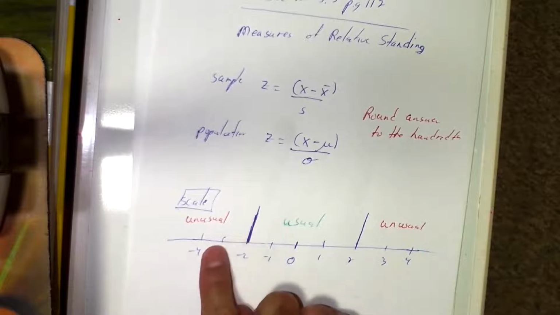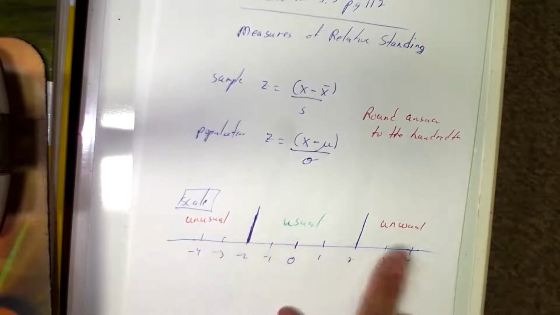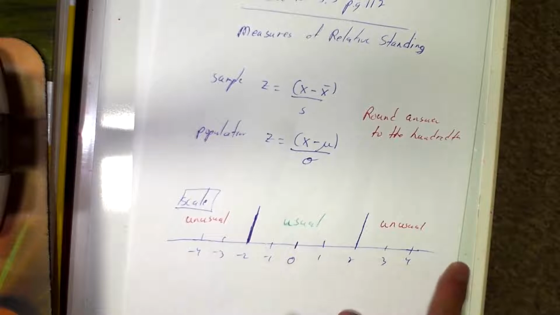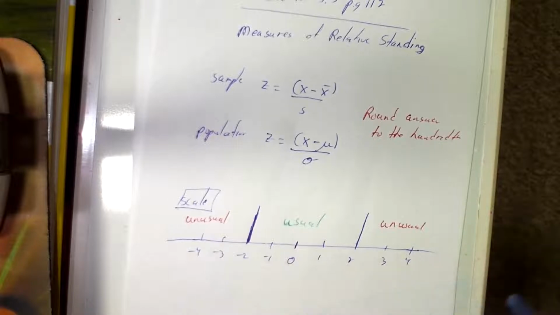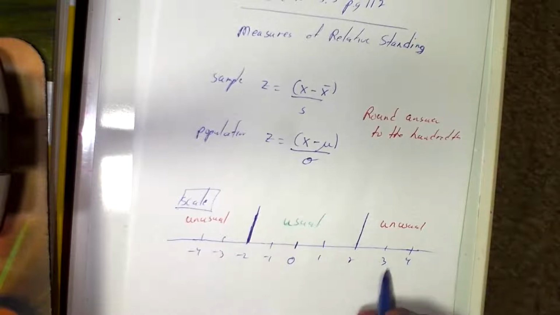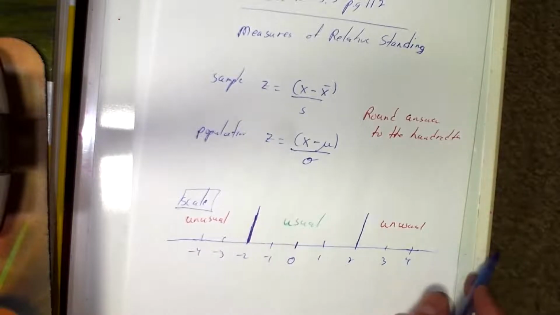Would he be over here or over here? Correct. His height is extremely tall, so he would go way over here, far at the right end, compared to other men's heights.